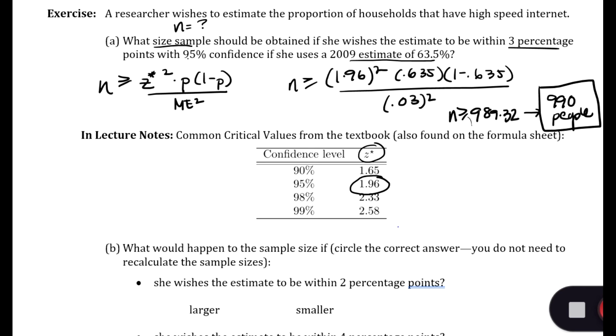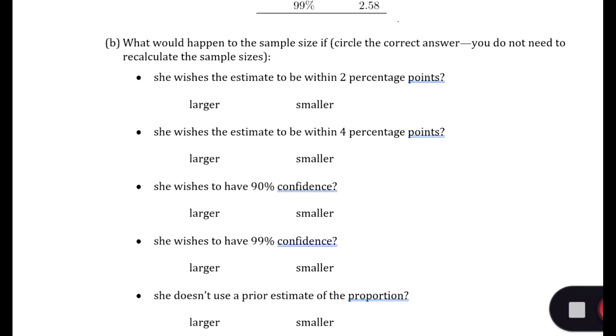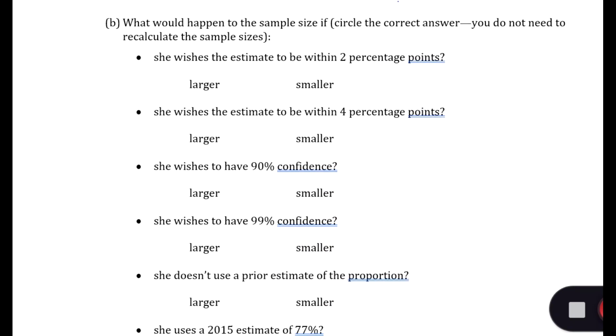So down here they ask you to have some conceptual understanding of this sample size. It says you do not need to recalculate the sample sizes, but you can if you need to. I'll do this first one as recalculating so you can see what is going on, but we'll also reason it through a little bit.